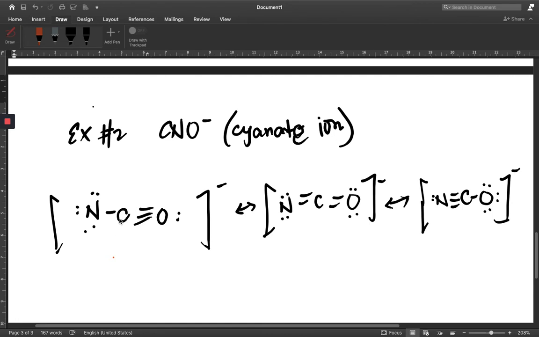Now, kindly pause the video for a moment and then try to assign the formal charges for each of the atoms in the structure. Right. So for example, here in this first structure, our atom is nitrogen. All right. So we know that nitrogen has 5 valence electrons.